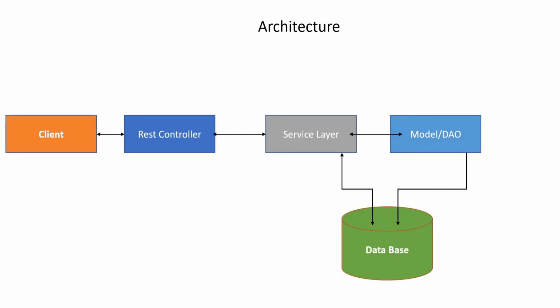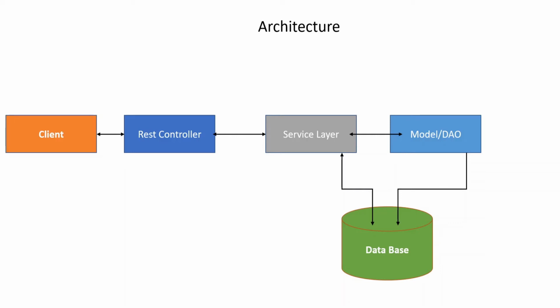Either it will come via the post mapping, get mapping, delete mapping, or put mapping. All the HTTP requests here will bind with some method, and that method will call the service layer to handle the business logic or to authenticate. If the business logic is performed, it is mapped with JPA model classes.